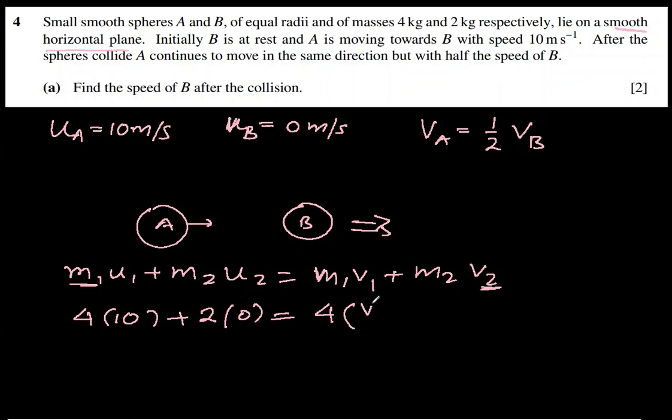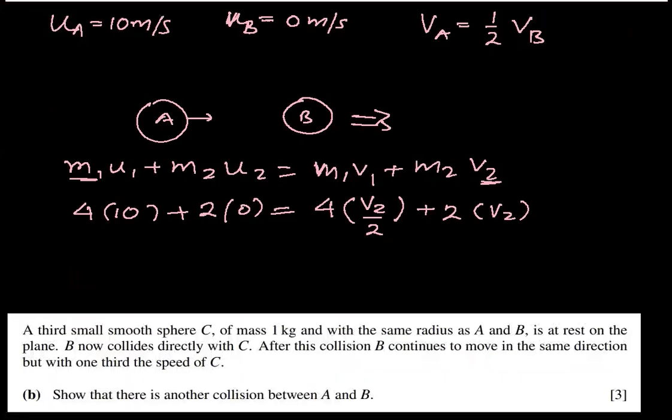So let's call it v2 divided by 2, and m2 is 2 kg, it is moving with v2. Alright, so since both of them are v2, now we can cancel 2 and 4. So it becomes 40, and this is 0, I'm not writing that. It will become 2v2 plus 2v2, which is 4v2. Divide this by 4, divide this by 4.